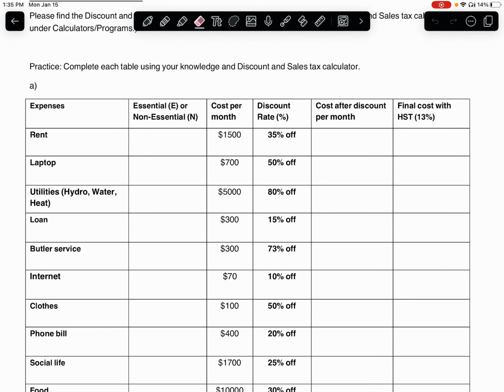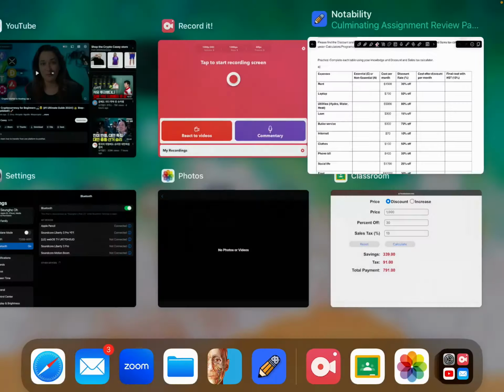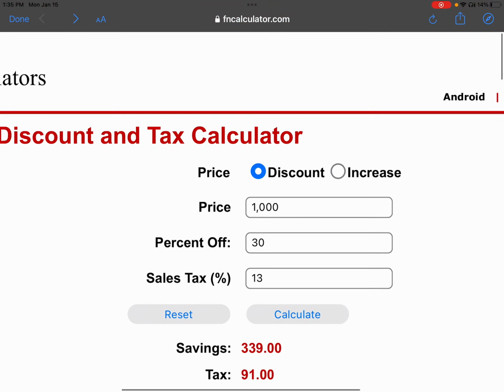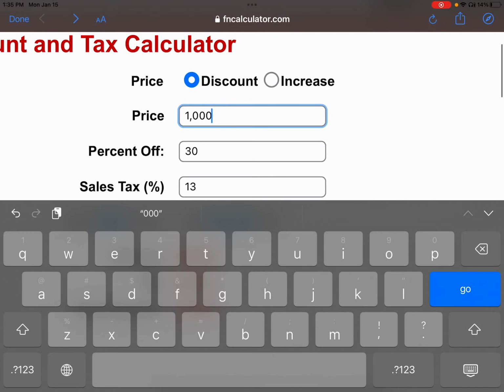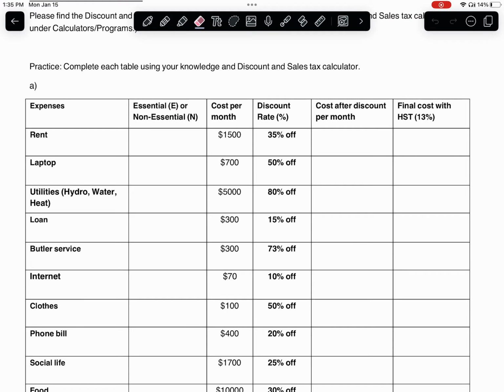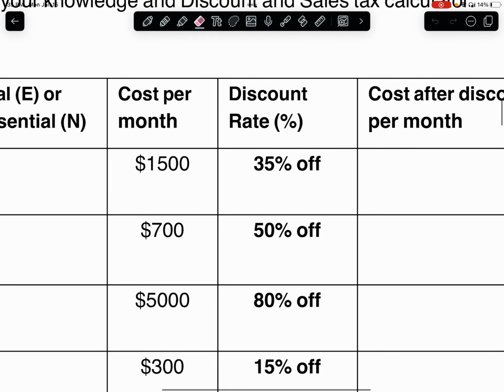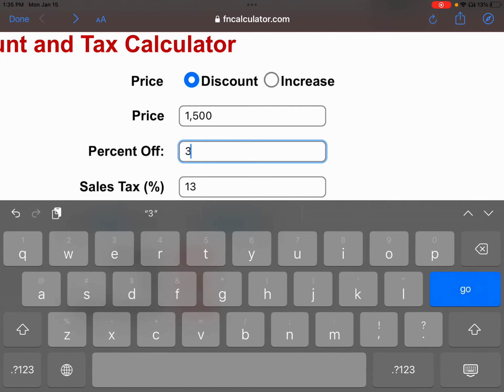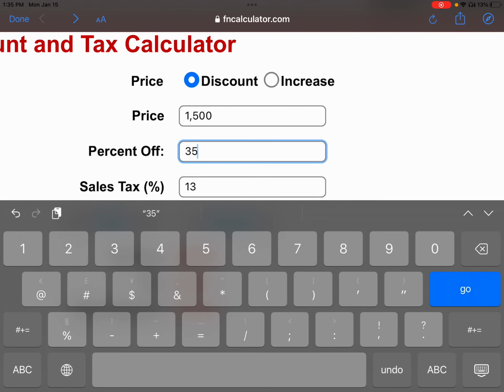So your initial price has to be $1,500. So for the price, you have to put 1,500, and then the discount percentage off, hopefully you see it, it is 35% over here, right? So you are taking 35% off. So you are benefiting from that. So put 35.